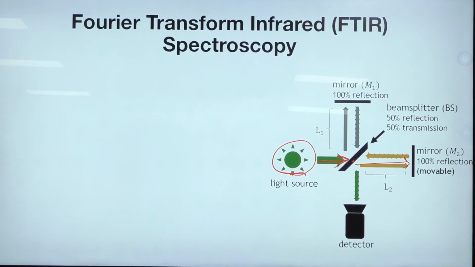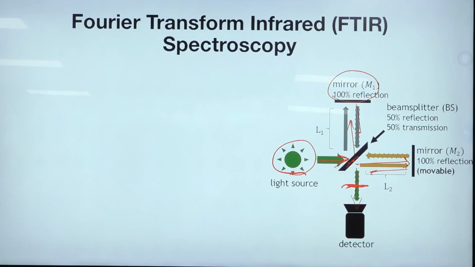One goes to one mirror and another goes to another mirror, and it comes back. Both mirrors reflect light back, and then they get recombined and go to a detector. This is the essential setup. You put a sample in between here, but for now, let's say you just have a detector over here.